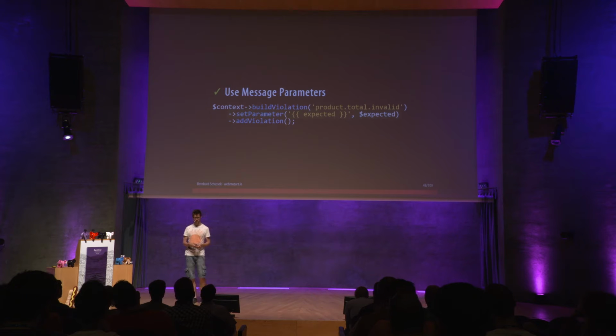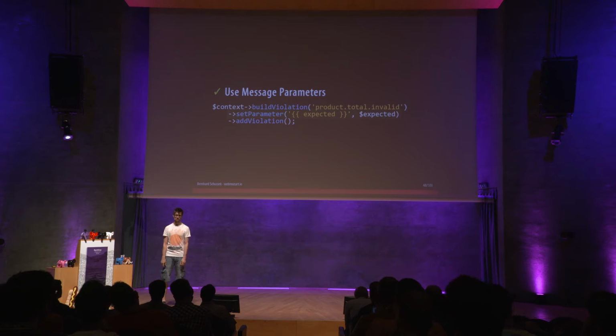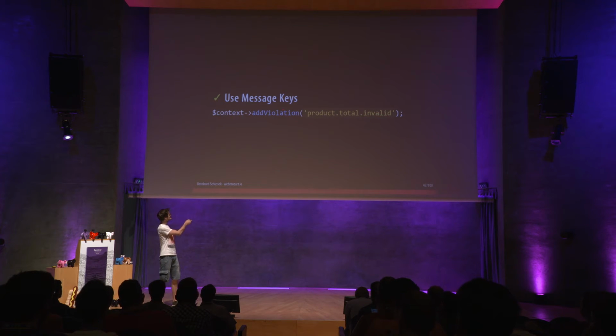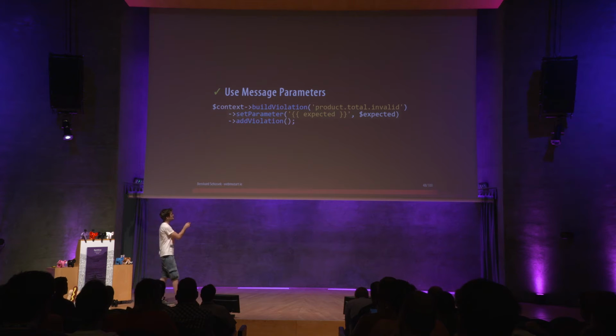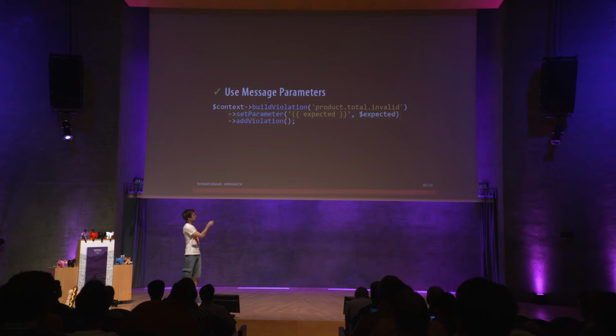Also, you can use message parameters to inject information in your validation messages, right? So if you write a custom validation constraint, or if you use the callback constraint, instead of saying just add violation in this method here, you can call build violation with your violation message, and then set parameters to inject information in your validation messages.